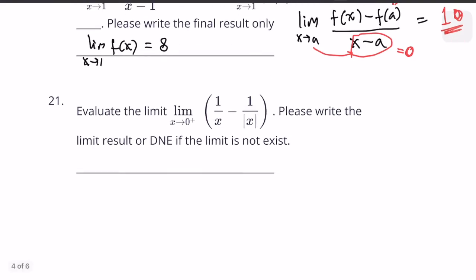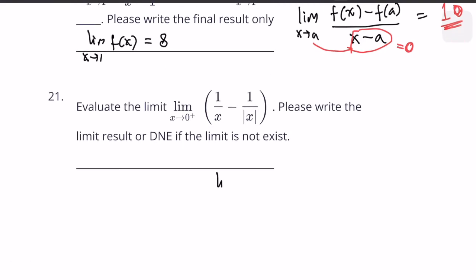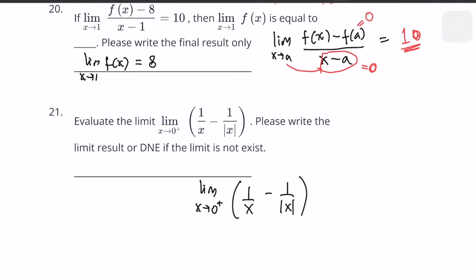Now here we have the limit as x approaches 0 from the right. We have 1 over x. We can simplify, it becomes that, and this will be 0.